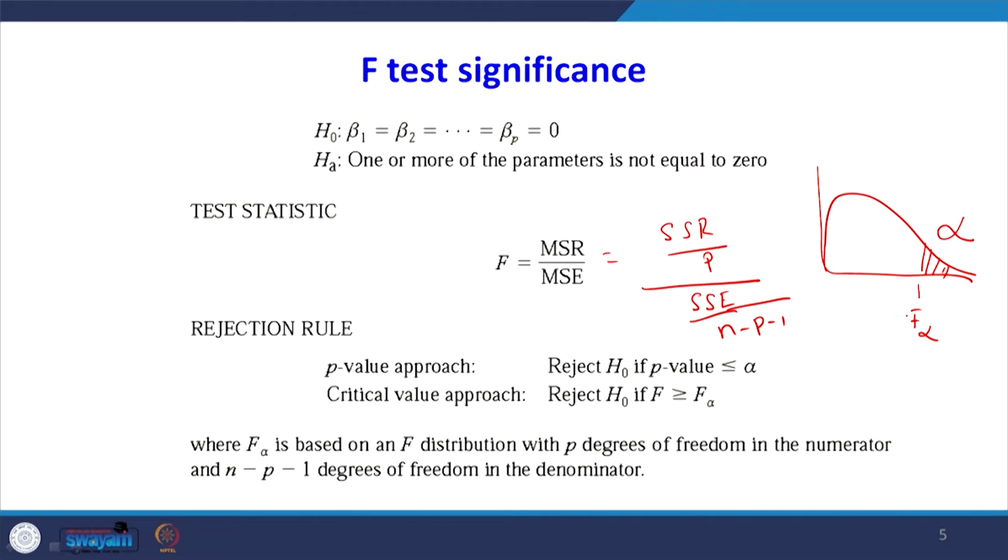You have to find the p value. If the p value lies in the rejection region, you reject it. Otherwise, if the F value is beyond the F alpha value, we reject it, where F alpha is based on the F distribution with p degrees of freedom in the numerator and n minus p minus 1 degrees of freedom in the denominator.